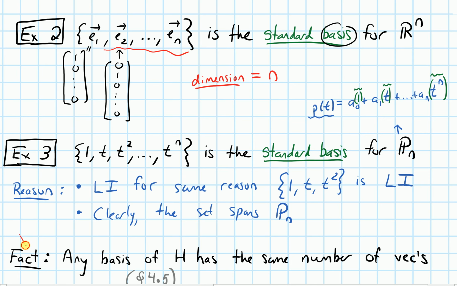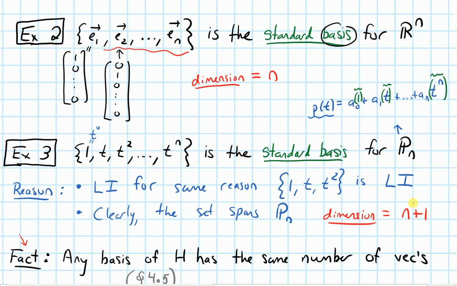That's what this fact says. So in example 3, the dimension is what? How many elements are there in this standard basis, 1, t, t squared up until t to the n? Well, there are n plus 1. Remember, it doesn't start at t to the 1, it starts at 1, which is technically t to the 0 in a sense.